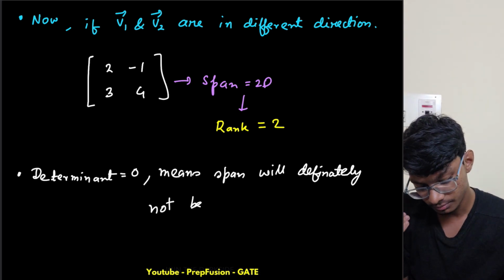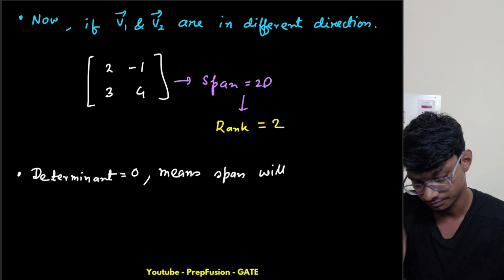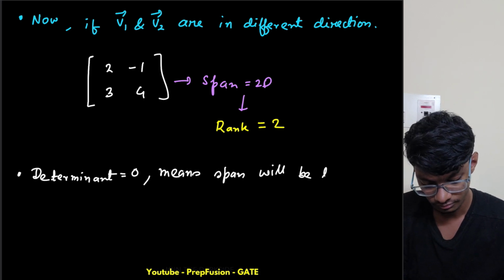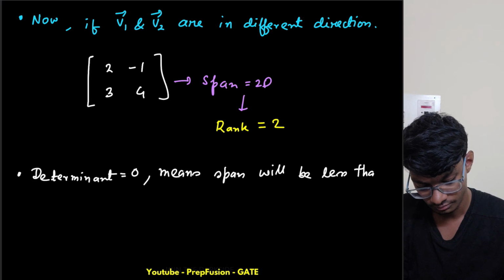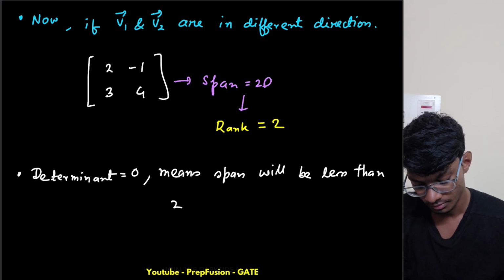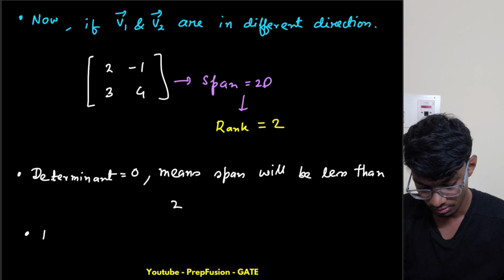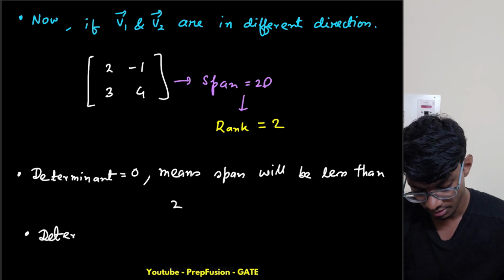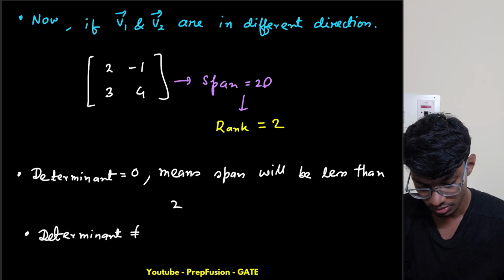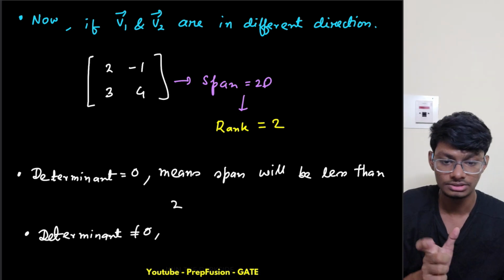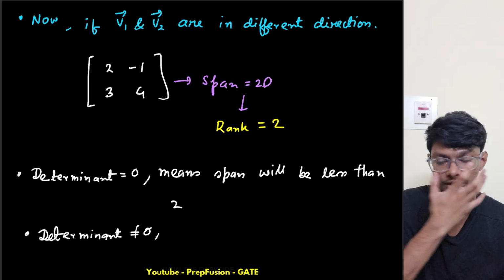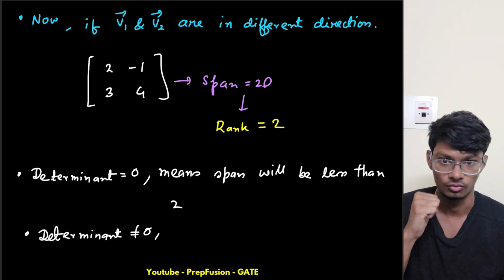Span will be less than 2. Now if the determinant is not equal to 0, then that means the vectors are independent of each other and the span will be 2.